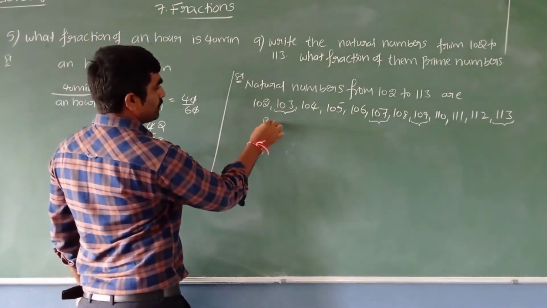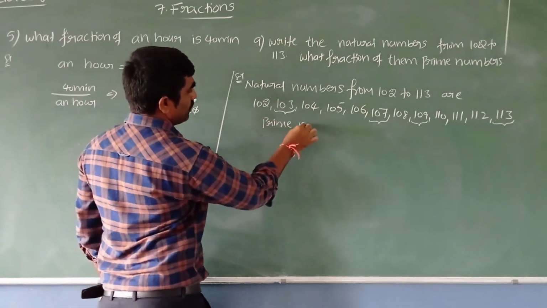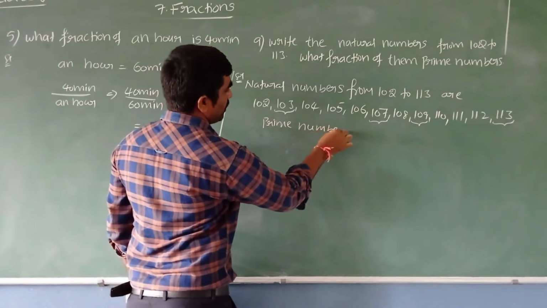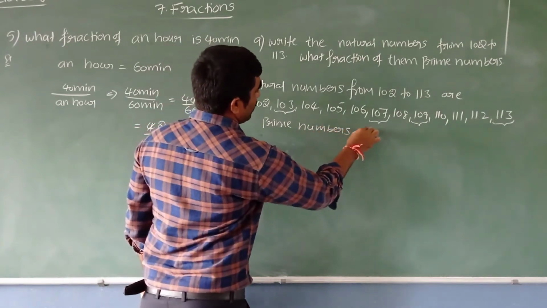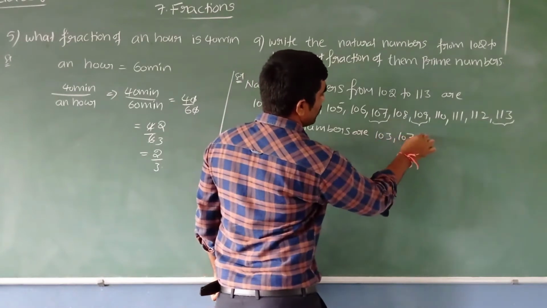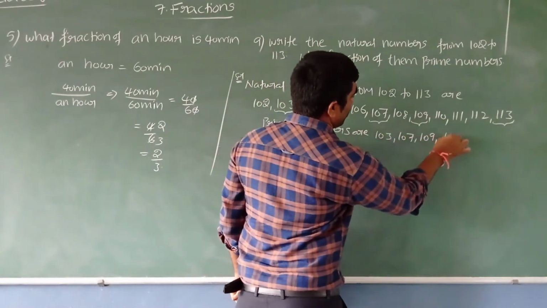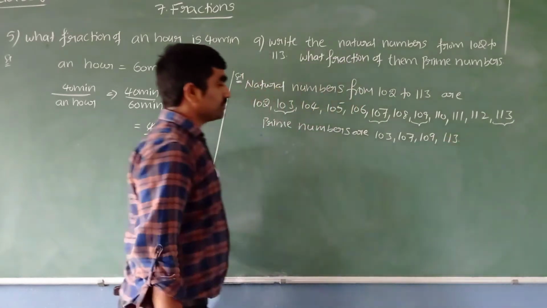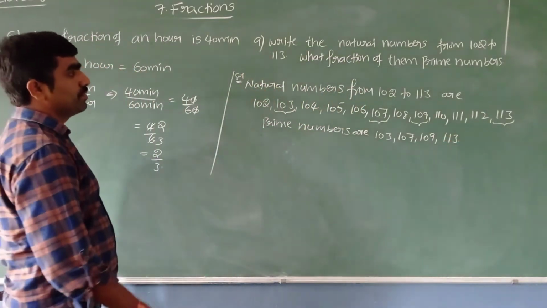We'll write here: prime numbers are 103, 107, 109, 113. They are asking what fraction are prime numbers.